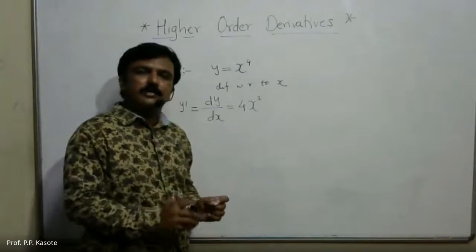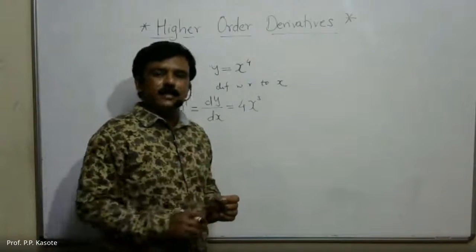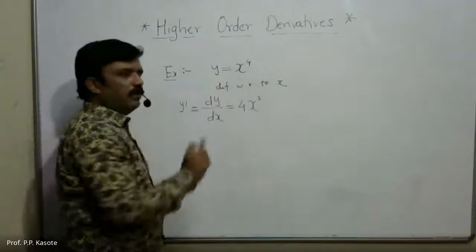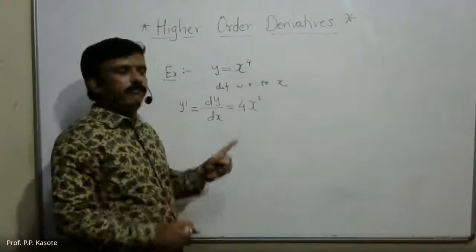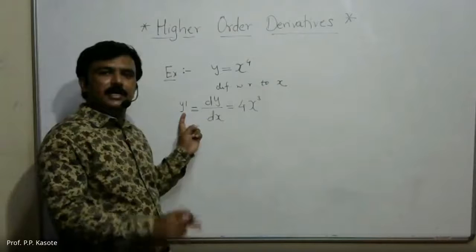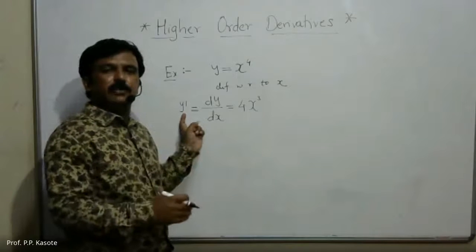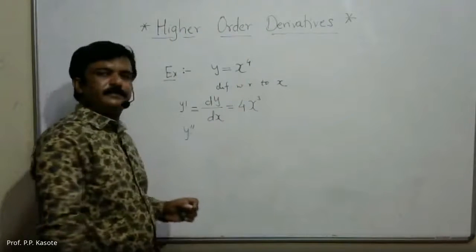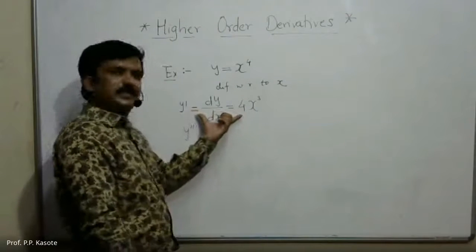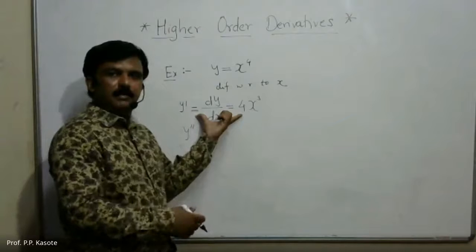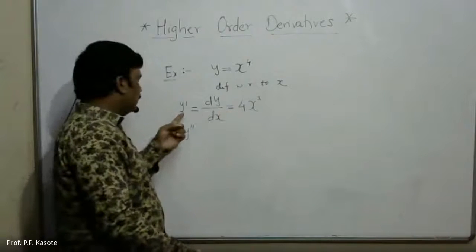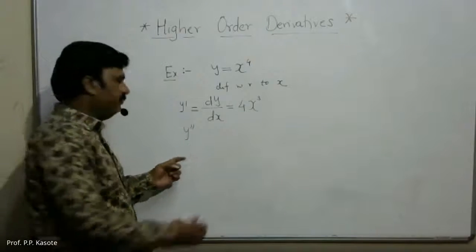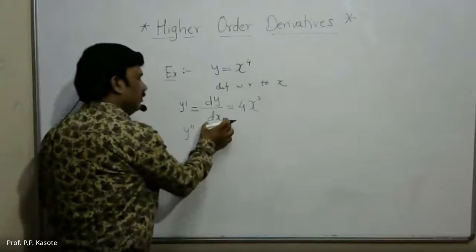Now the question arises, how to write the same symbolically? As the first order derivative of y we have denoted by y dash, similarly, the second derivative we write as y double dash, because we are differentiating one more time. The derivative of y dash we write as y double dash, which is the derivative of dy by dx.